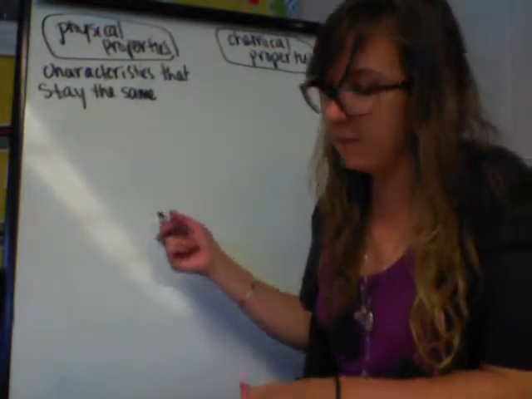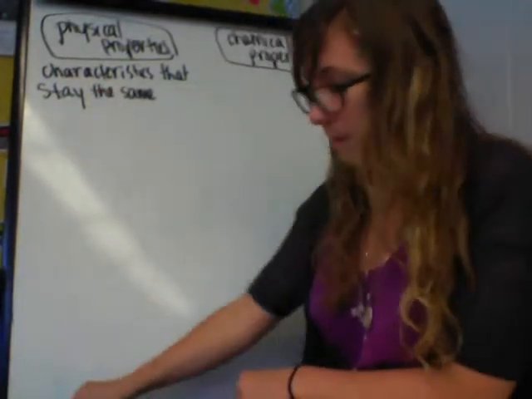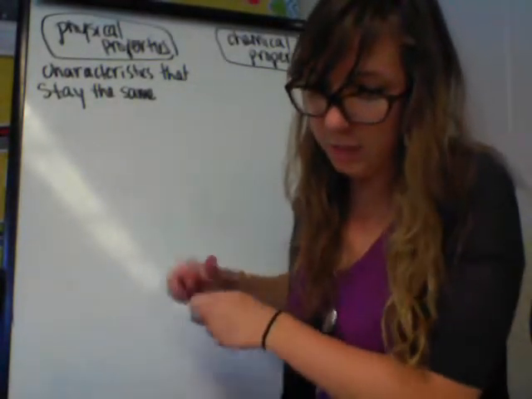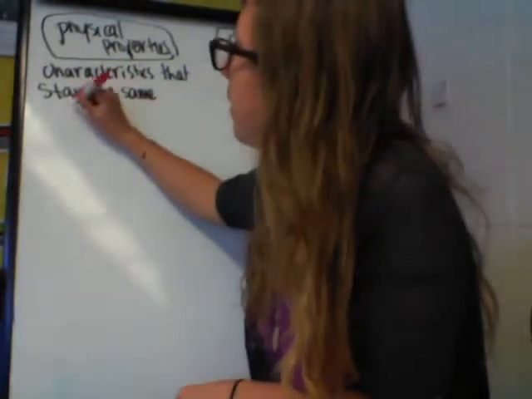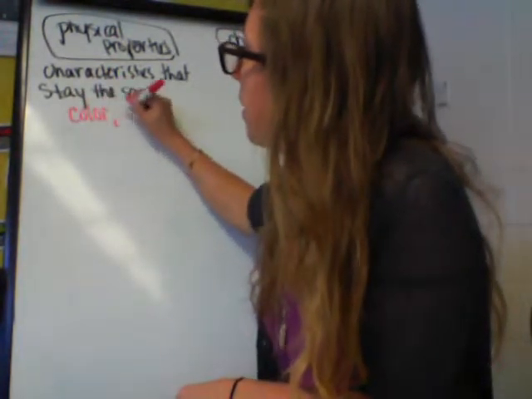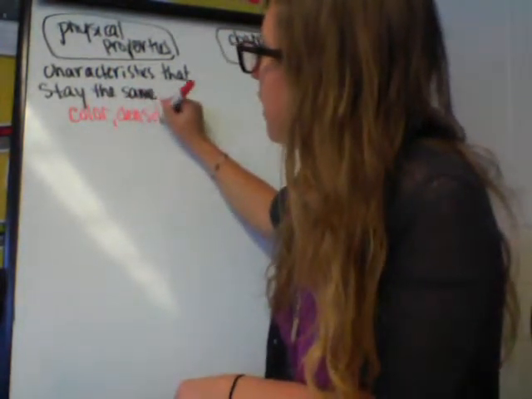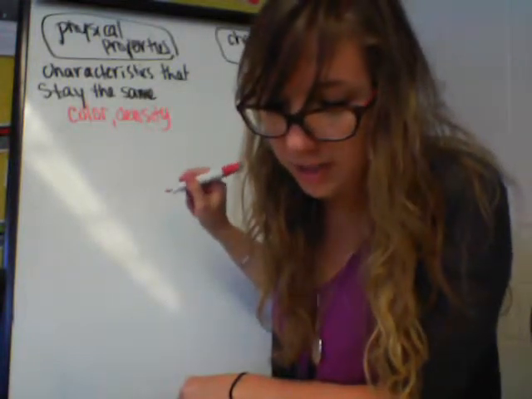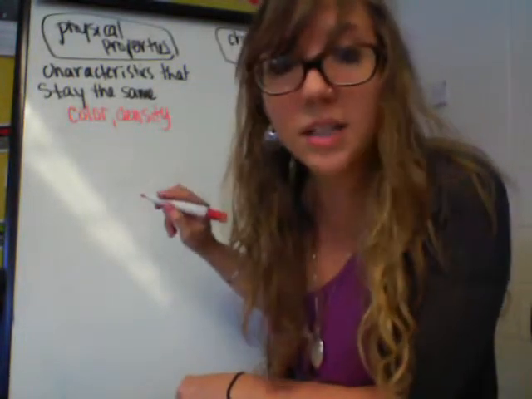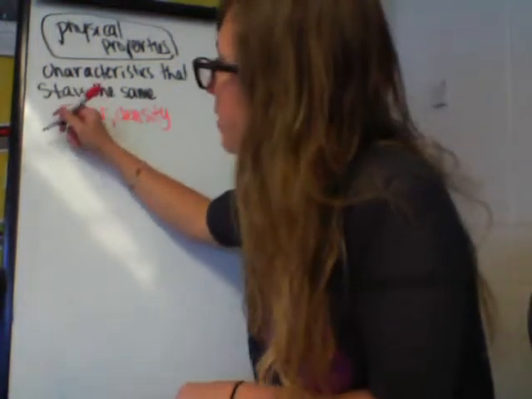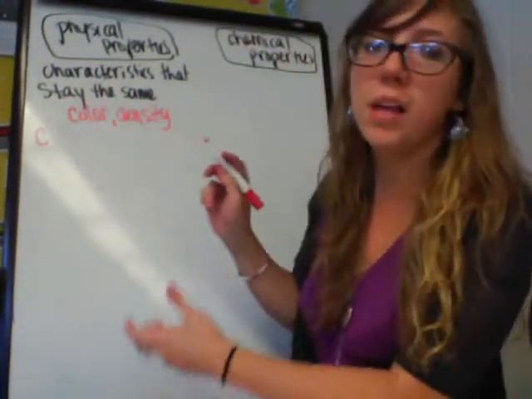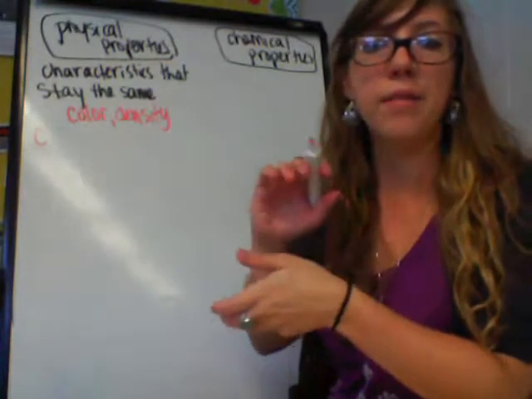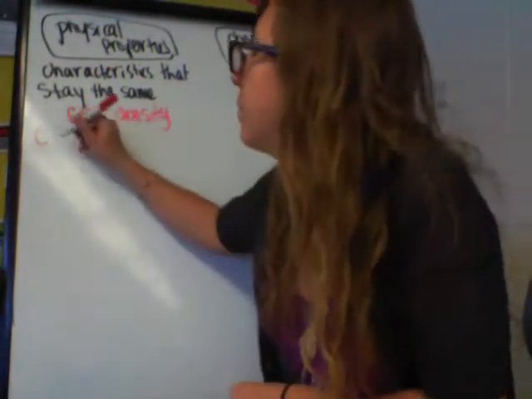Some examples of those are color, density, and we'll talk a little bit more about density in a minute, conductivity, and we'll talk about that in a minute too, and malleability. Malleability is basically the ability to flatten it or to change its shape.